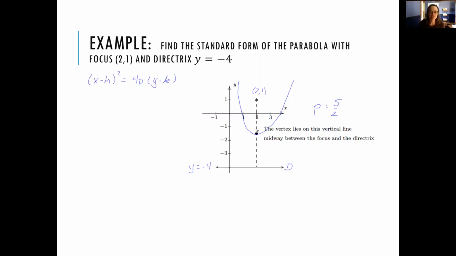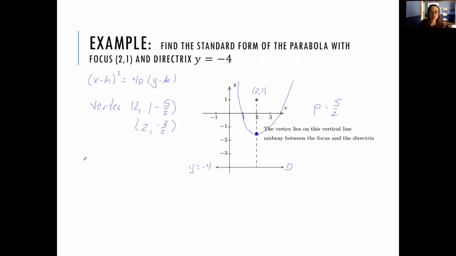We can find the vertex. We actually already know the x-coordinate. That's at 2. And then the y-coordinate is 1 minus p, which is 5/2, or negative 3/2. So my vertex is at 2, negative 3/2.